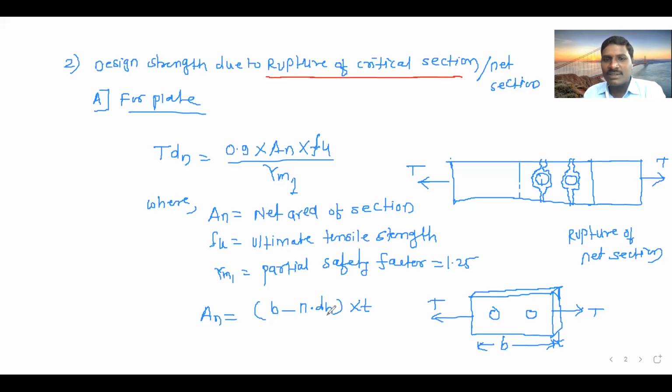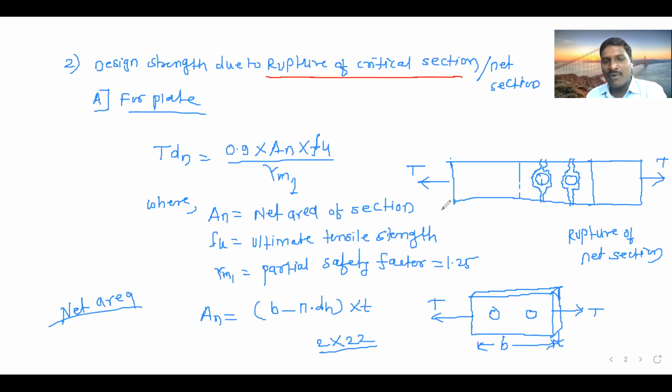What is DH? Diameter of hole. Here two holes are there, so 2 into diameter of hole. We deduct this area from width into thickness, and then we get the net area. Are you getting this? So this formula we have to use for plate.